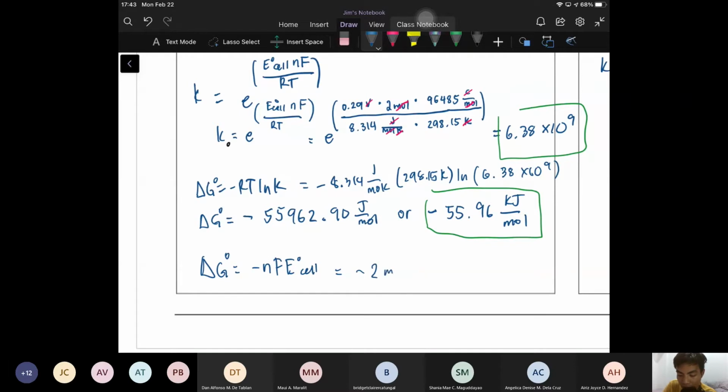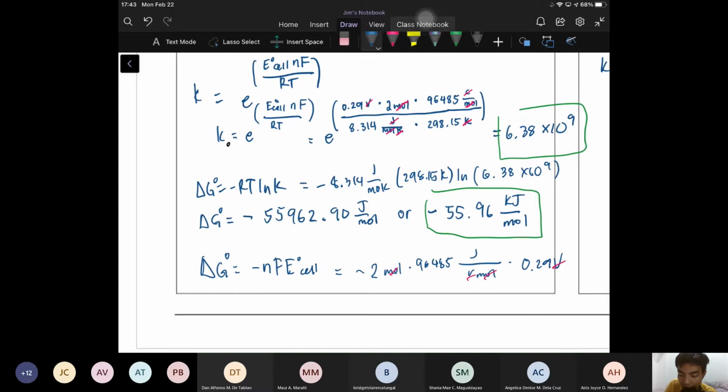Okay. So 2 moles. F, Faraday Constant. That will be 96485 joule per volts mole times E cell. Ano yung E cell natin? 0.29 volts. Okay. Cancel yung mole, cancel yung volts.